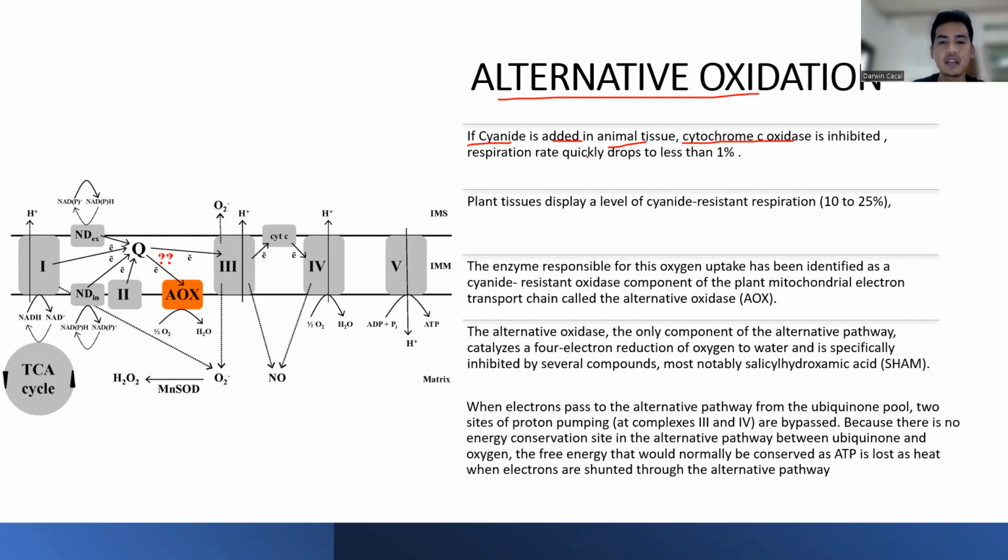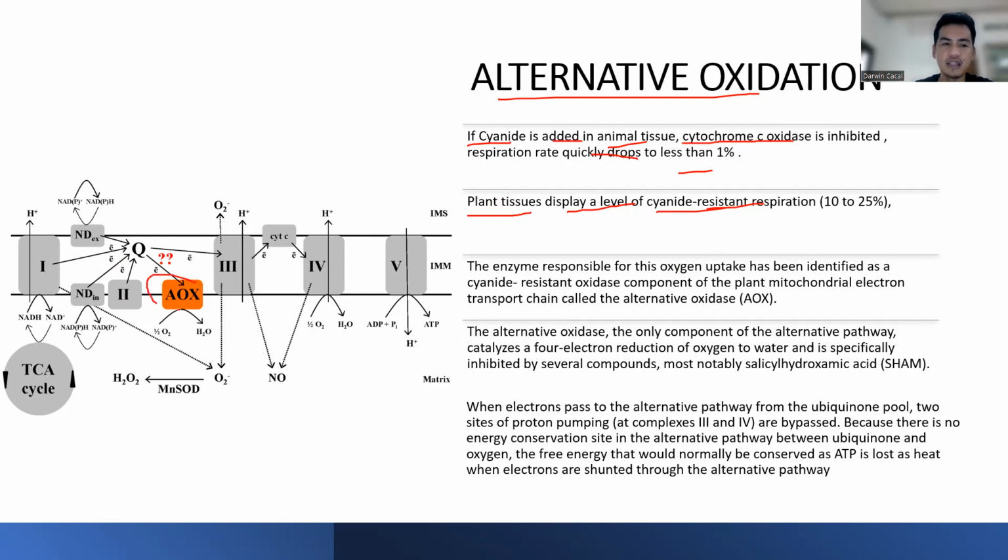Wherein the respiration rate quickly drops to less than 1%. Next, the plant tissues display a level of cyanide-resistant respiration. So the plant tissue also releases what we call cyanide-resistant respiration of up to 10 to 25%. Okay, during the alternative oxidation.